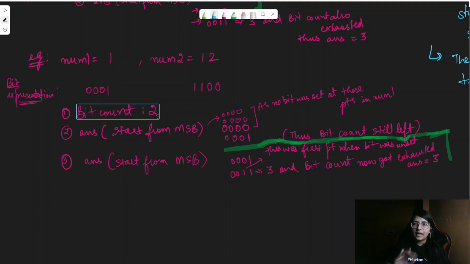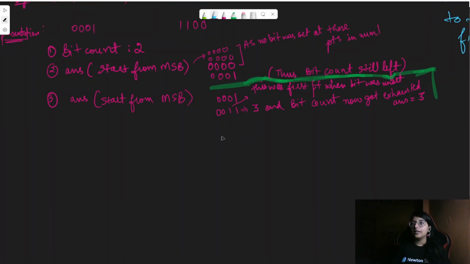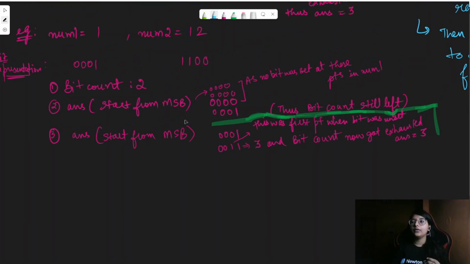So now we can't set any more bits in this particular sequence, right? So now we will be starting a loop again, and now we will be starting from the LSB side. So the 001 which was there, now we will be starting from there, and then we will be checking the first bit which is unset, as this bit was set, right?